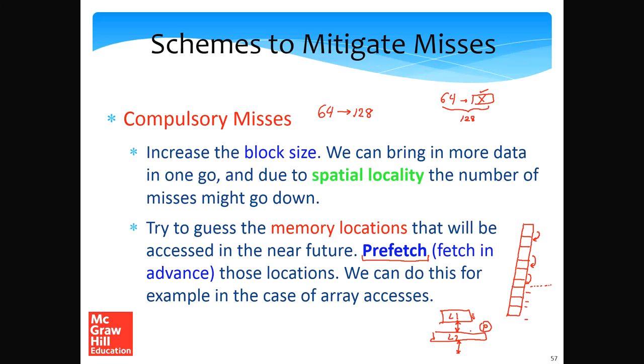It can then put in requests of its own to the L2 cache, and that data will again be supplied to the L1 cache. So hopefully this can reduce the number of misses in the L1.